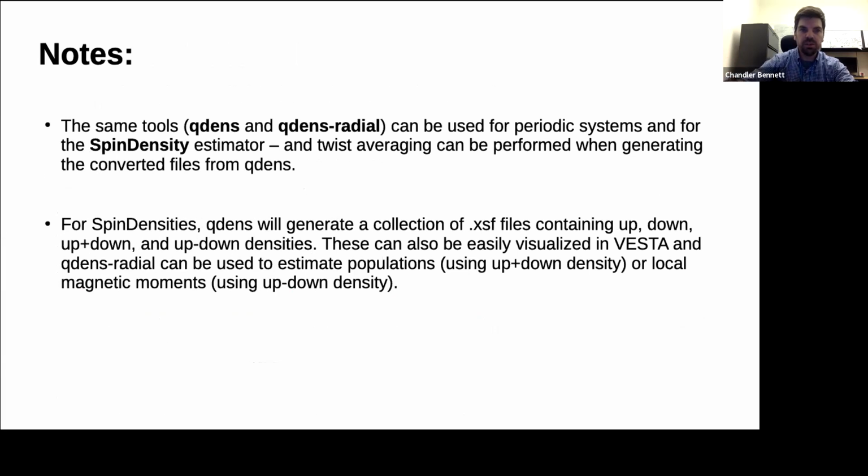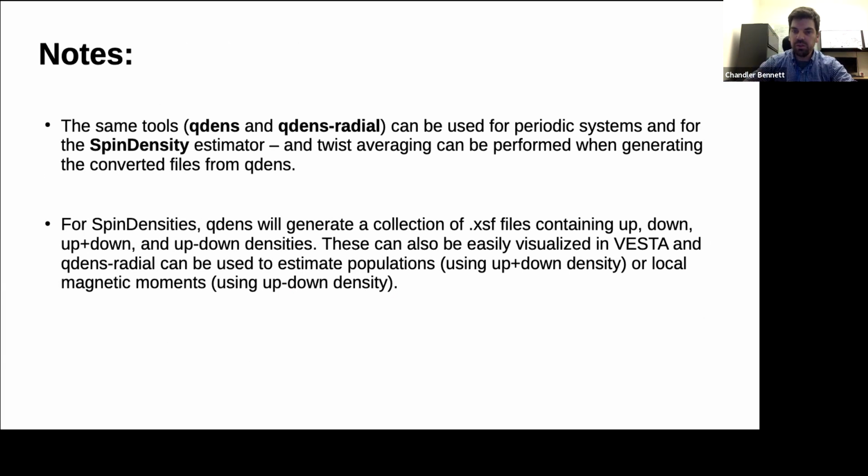Okay, some brief notes. The same tools, QDens and QDens radial, can also be used for periodic systems and for the spin density estimator. You can use them to perform twist averaging when creating the converted files. In addition, for spin densities, QDens will generate a collection of XSF files containing up, down, up plus down, and up minus down densities.